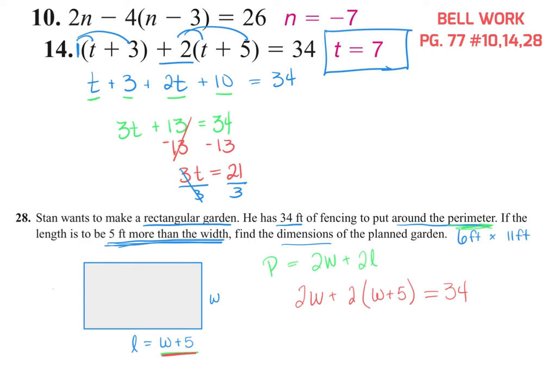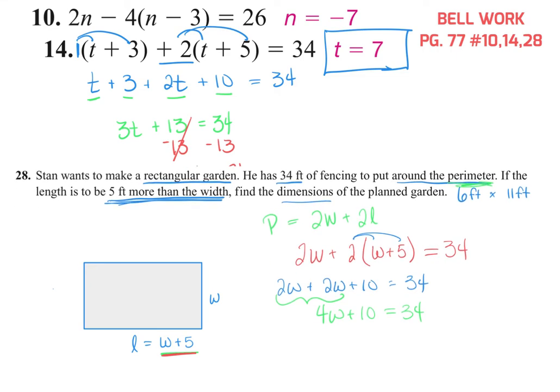What's my first step to solve here? I need to distribute, right? So 2w plus 2w plus 10 equals 34. Combine my like terms. 4w plus 10 equals 34. All right.